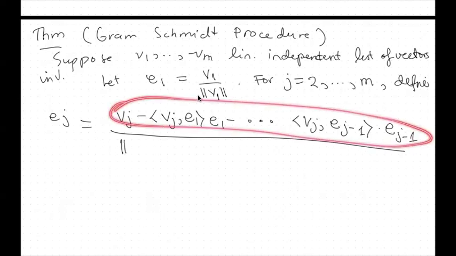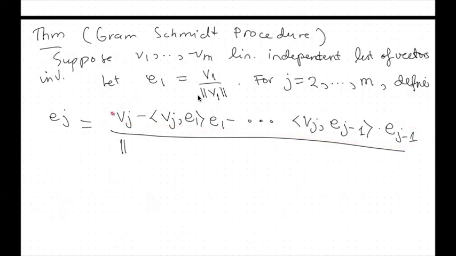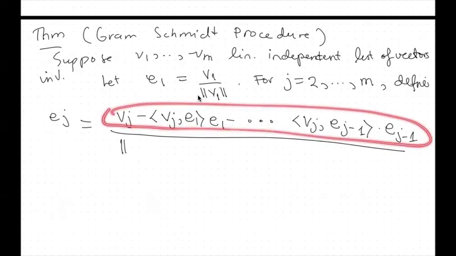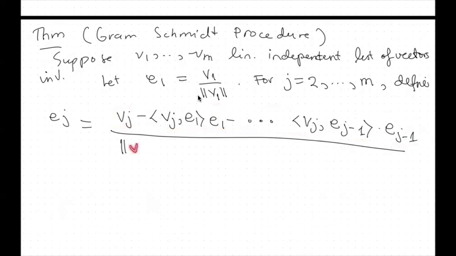So basically, we're taking the norm of everything here. Now let me write that out. Here we have v sub j minus the inner product; the inner product is just a scalar. Then e sub j minus 1, and you take its norm.